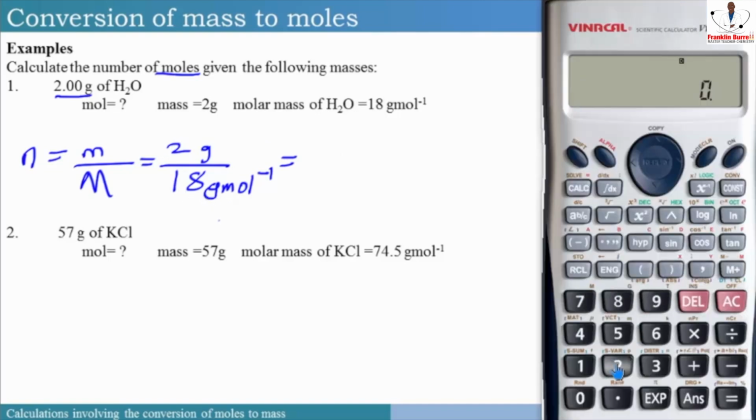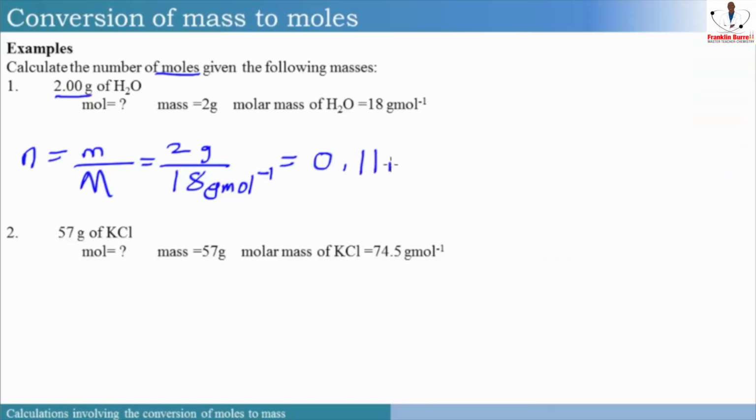So 2 divided by 18 will give us a value of 0.11 mole. It is best to have our value to 2 decimal places and not round off too early. So for a mass of 2 grams of water, we have 0.11 mole.